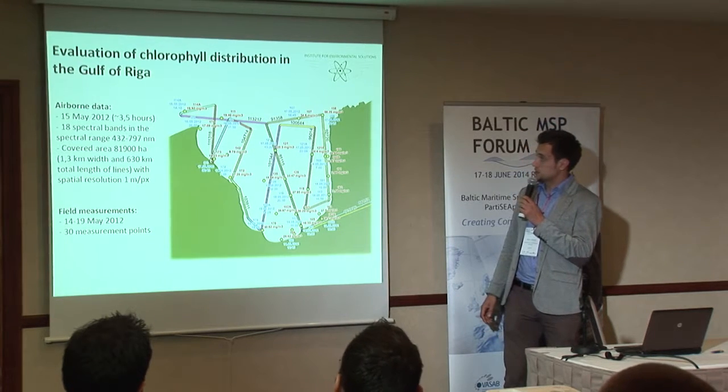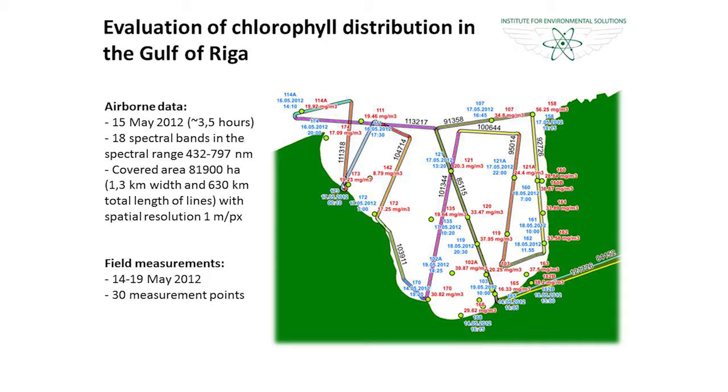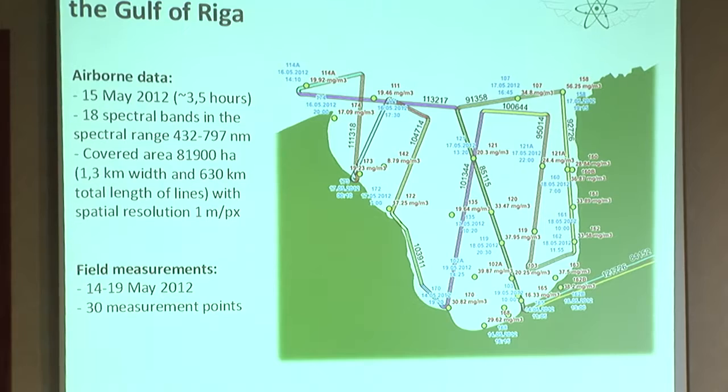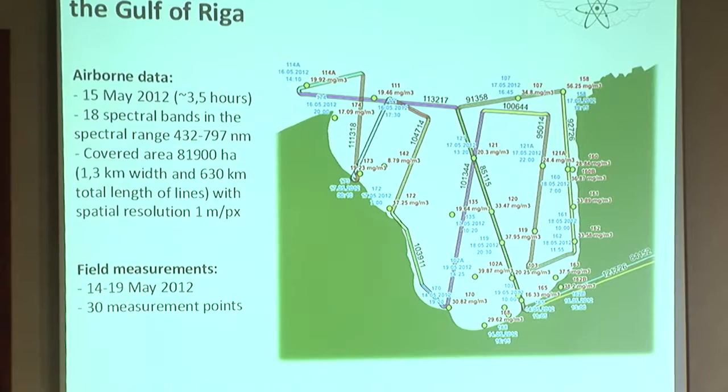Here is one study where we looked at how our data can be useful for assessment of chlorophyll distribution in the Gulf of Riga. Traditionally it's done by field measurements, you can see the different spots, and it is monitored over time.